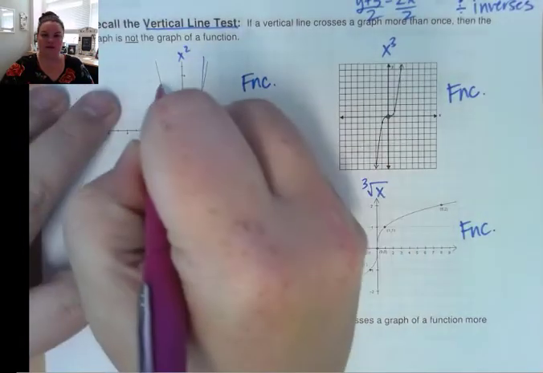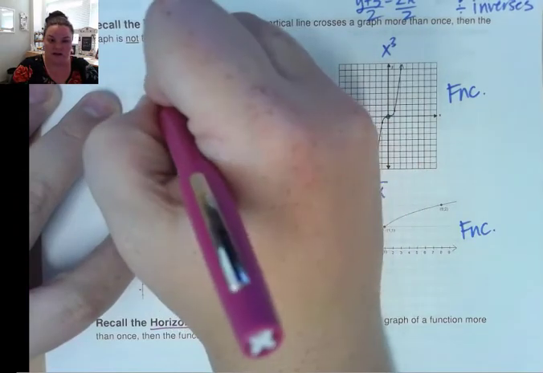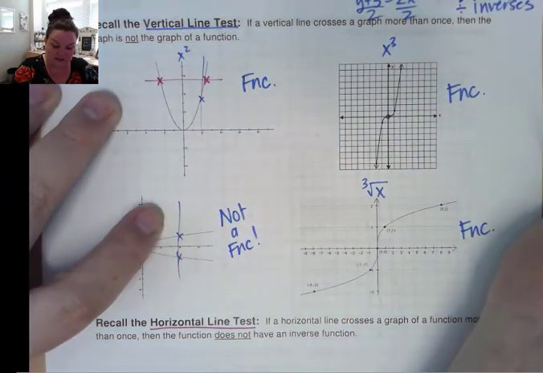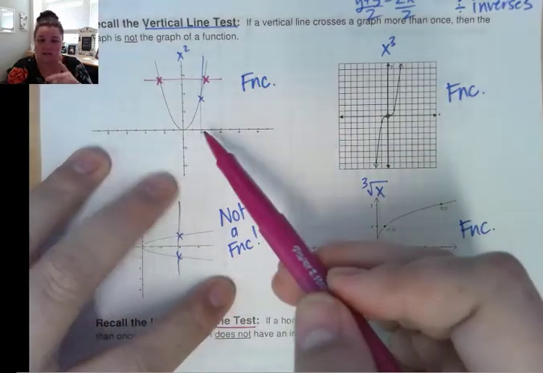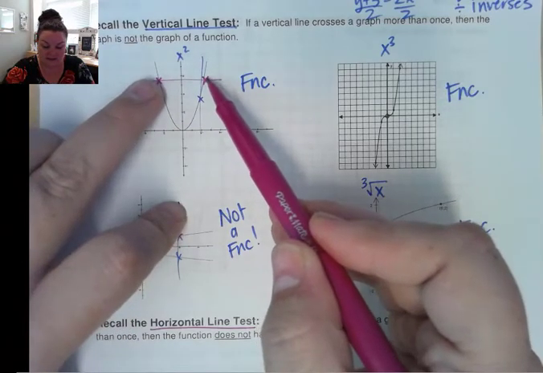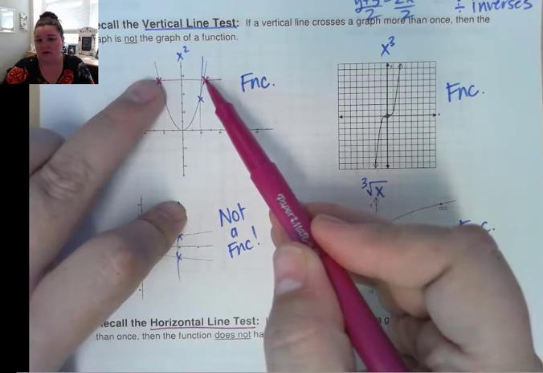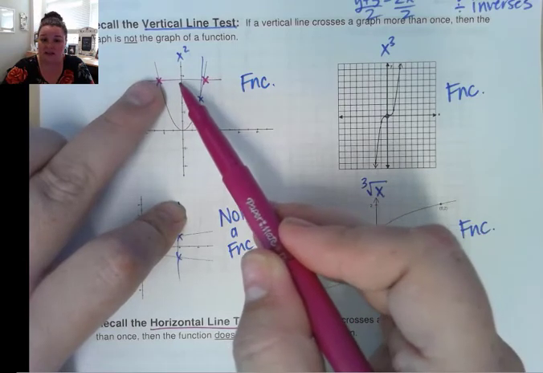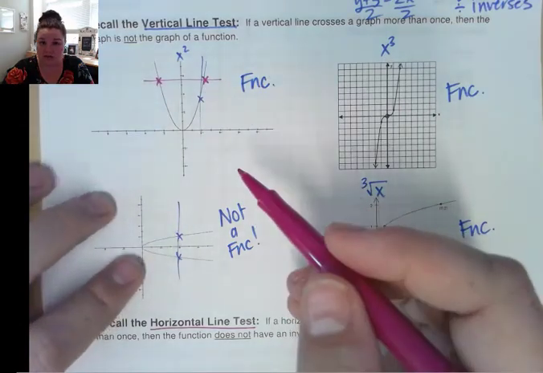So I'm just going to write it up here at the top. If I check a horizontal line test on this one, right, this one's going to fail because it's going to hit in 2 places, right? So what that means is that we cannot invert this function, because right now we have 2 x's that have the same y output, right? Which is fine for it to be a regular function, but when we invert it, that means that we would have one x that would be mapping to two y values, right?